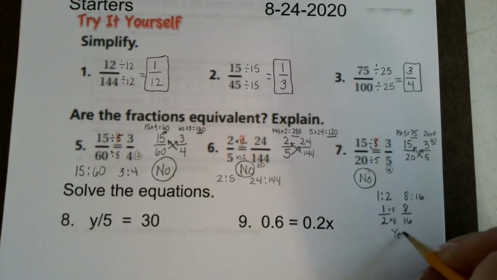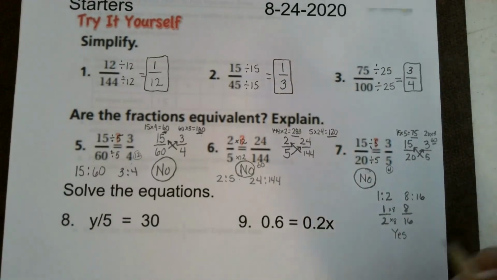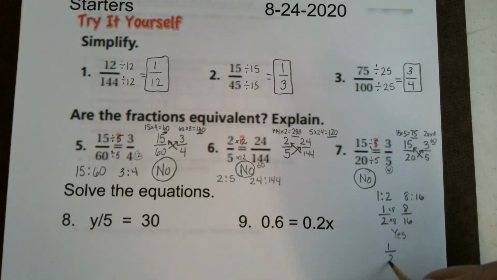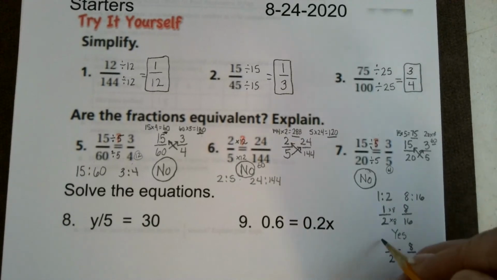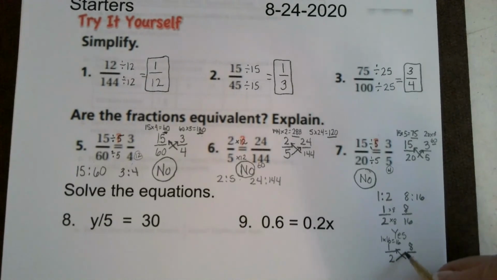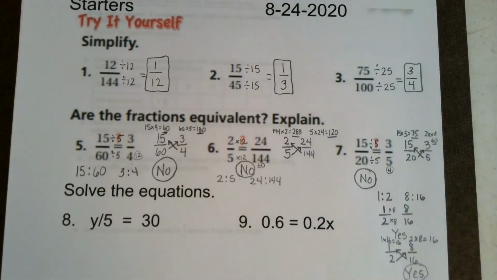That would be a yes. Or we could do 1/2 and 8/16. And then when we cross multiply, 1 times 16 is equal to 16. And 2 times 8 equals 16. So that would be a yes. Those are equivalent. Equivalent means like they're the same name or same representation, but they're named differently.